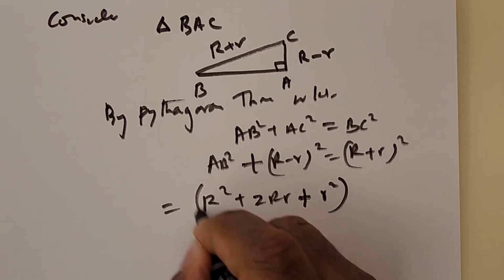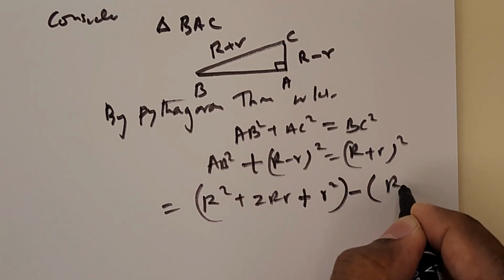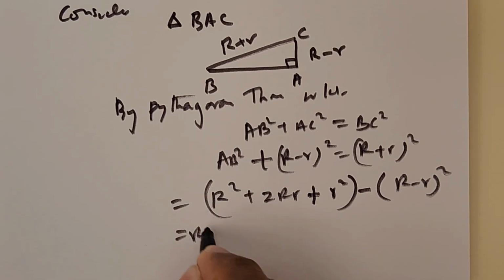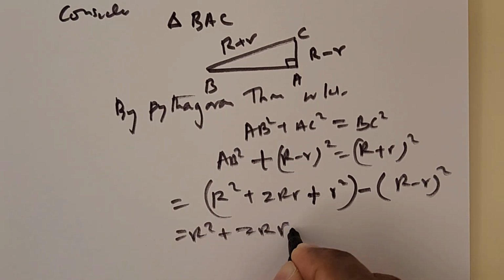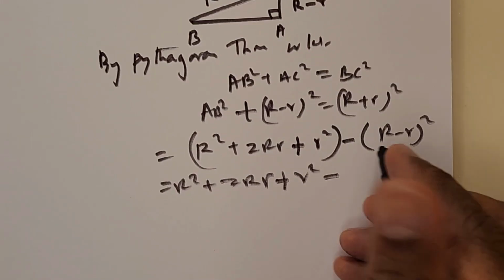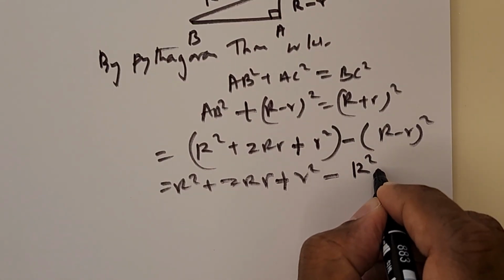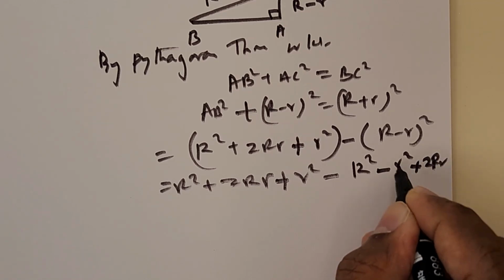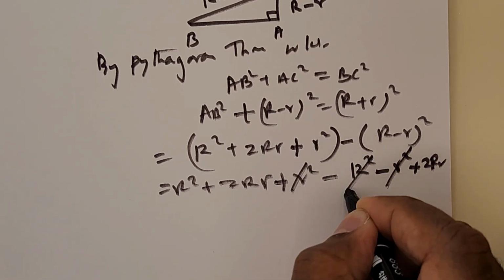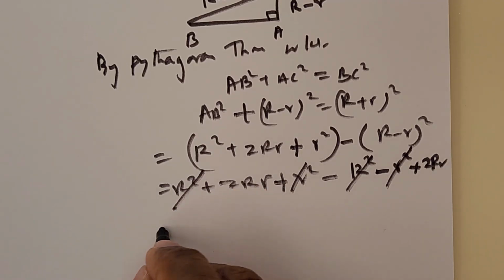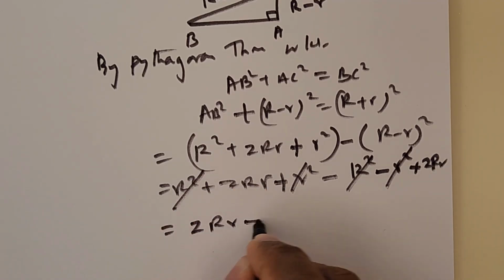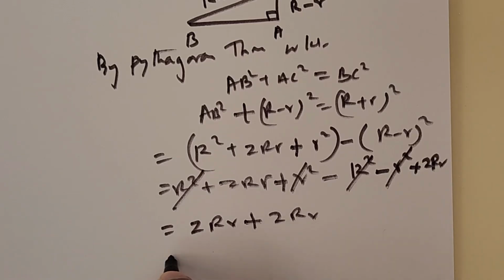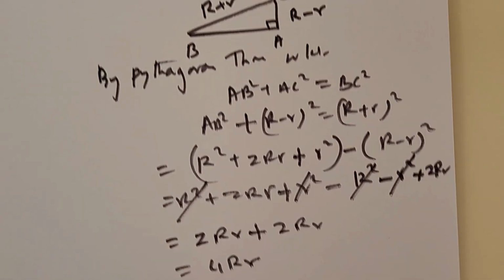You bring this to the other side, so it's going to be negative of (R minus r) the whole squared. So this is R squared plus 2Rr plus r squared. You expand this, you get negative R squared and positive 2Rr. So negative R squared, positive R squared, negative r squared, positive r squared goes away. You have 2Rr, positive 2Rr. It's going to be 4Rr.